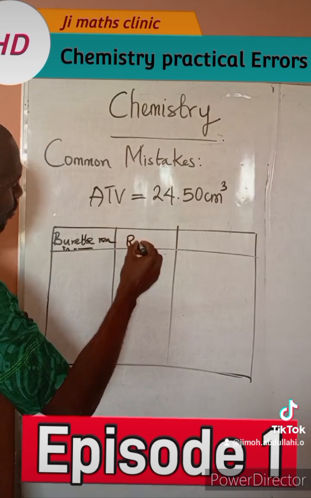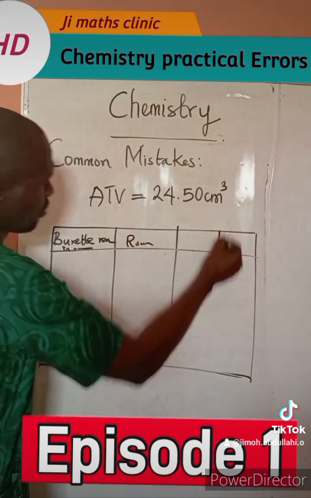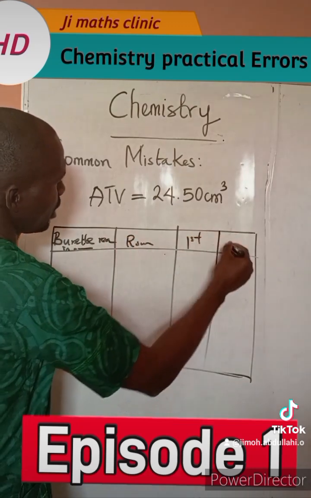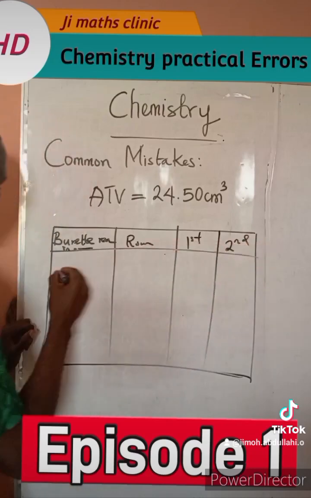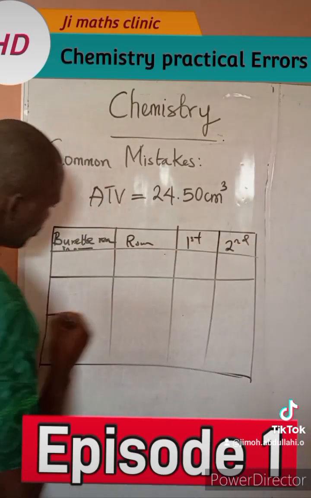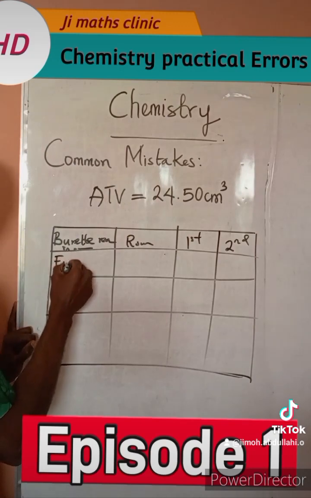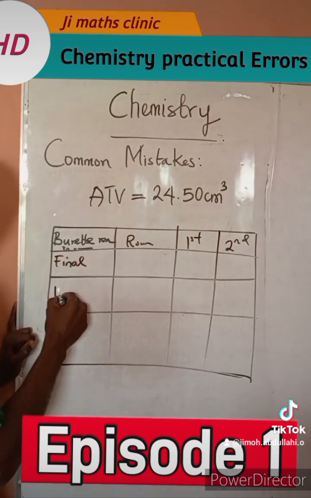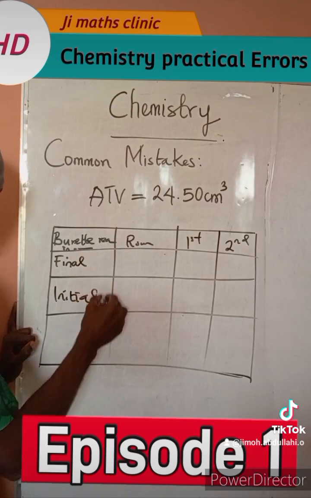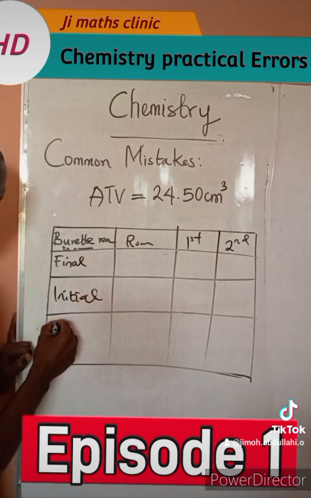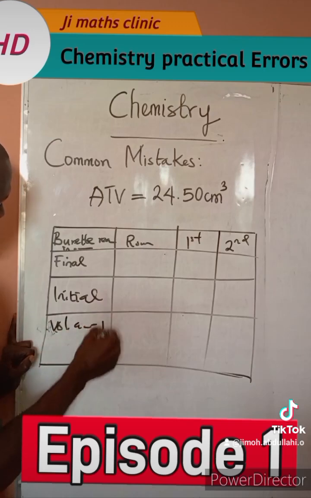This is your rough. If you have rough, this is your first value and this is your second value. You have your final reading here, you have your initial, and you have your average or volume of acid used here.